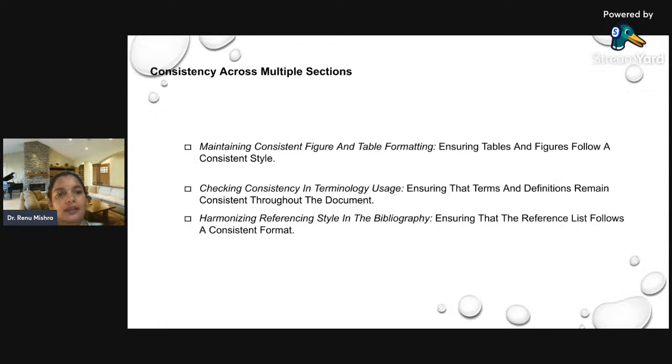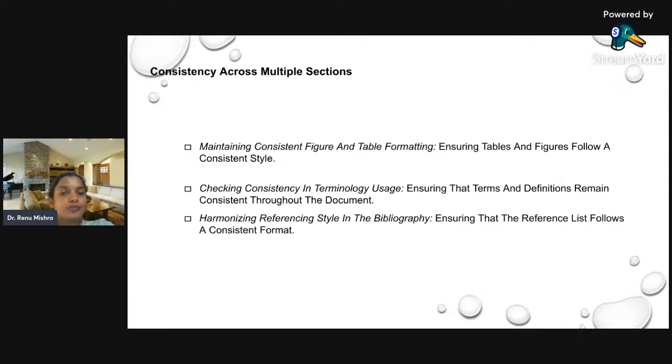Okay, now another role of your editing and proofreading is to maintain consistency across different sections. This is very important. Generally, the guideline given by all the journals and conferences is that you need to maintain a list of tables and a list of figures.